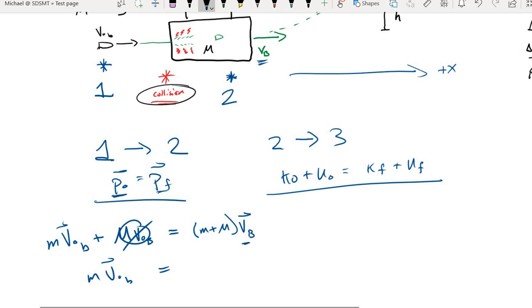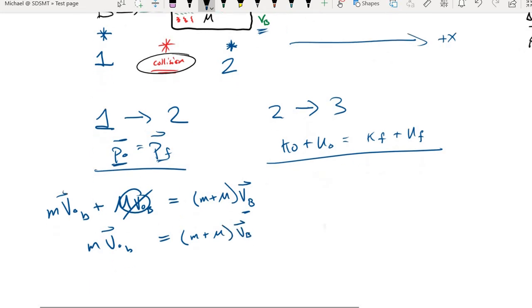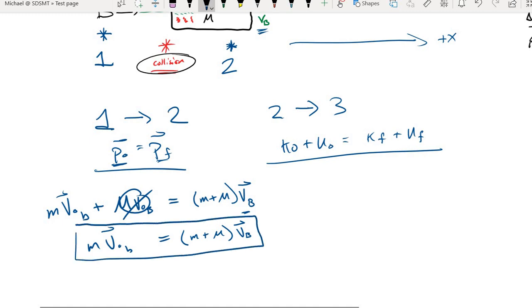And we don't know what that velocity is. We just know that there's some velocity that the log is going to start swinging with. And so this is our conservation of momentum equation that takes us from point 1 to point 2.